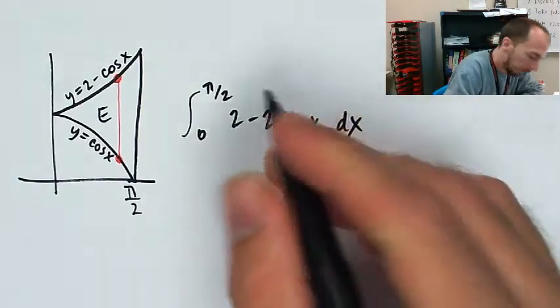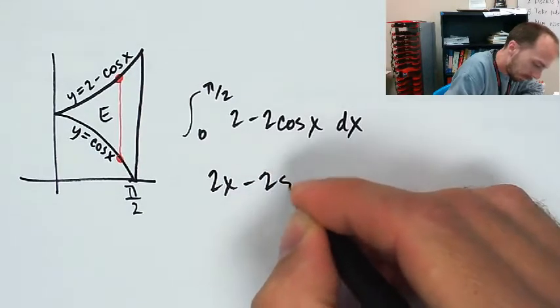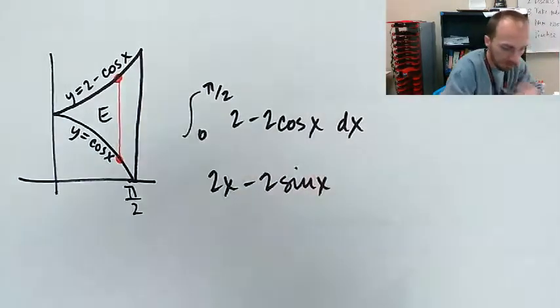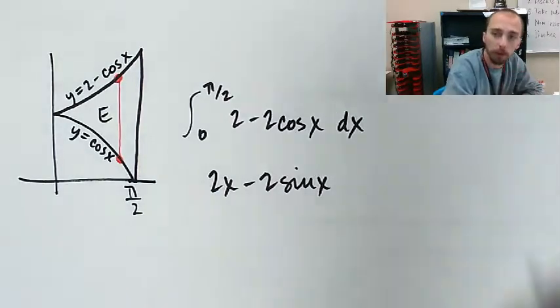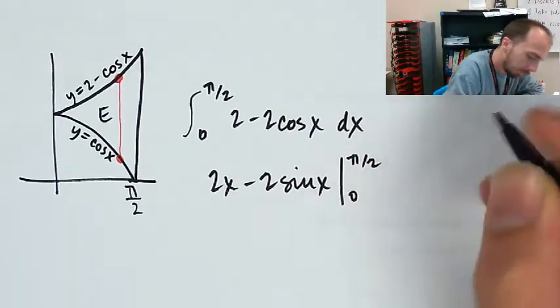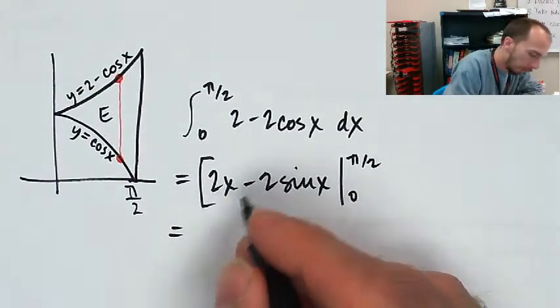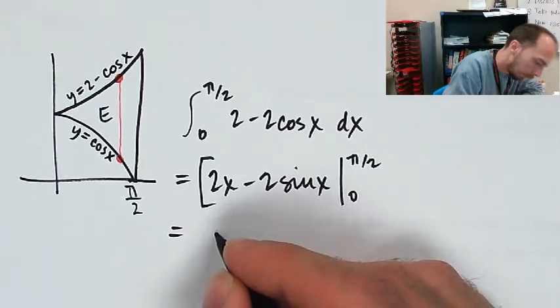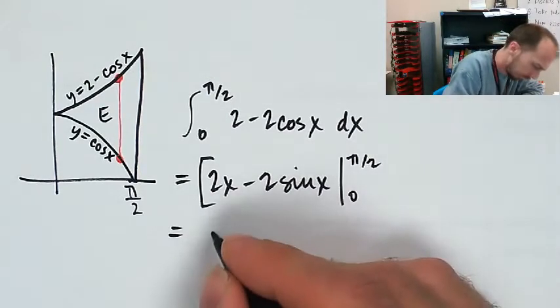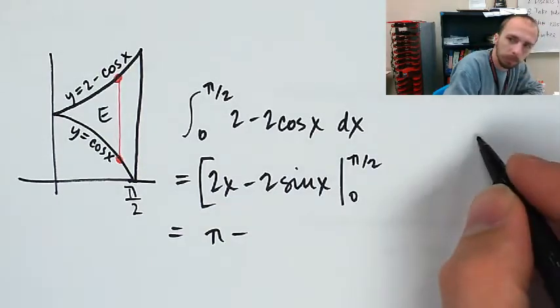It is going to be 2x minus 2 sine x, because sine x is an antiderivative for cosine x. I'm going to let x run from 0 to pi over 2. And so that's going to be 2 times pi over 2, which is pi, minus 2 times the sine of pi over 2.